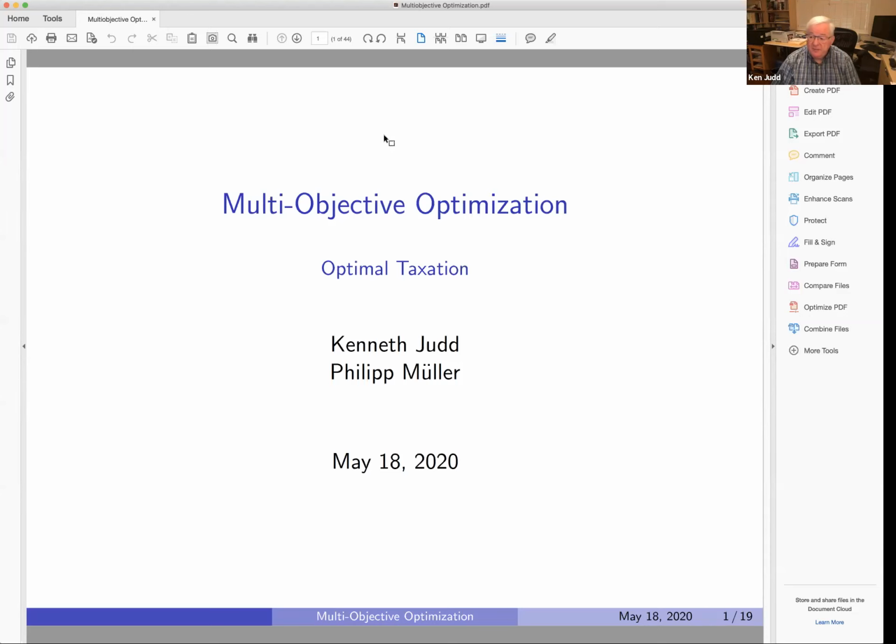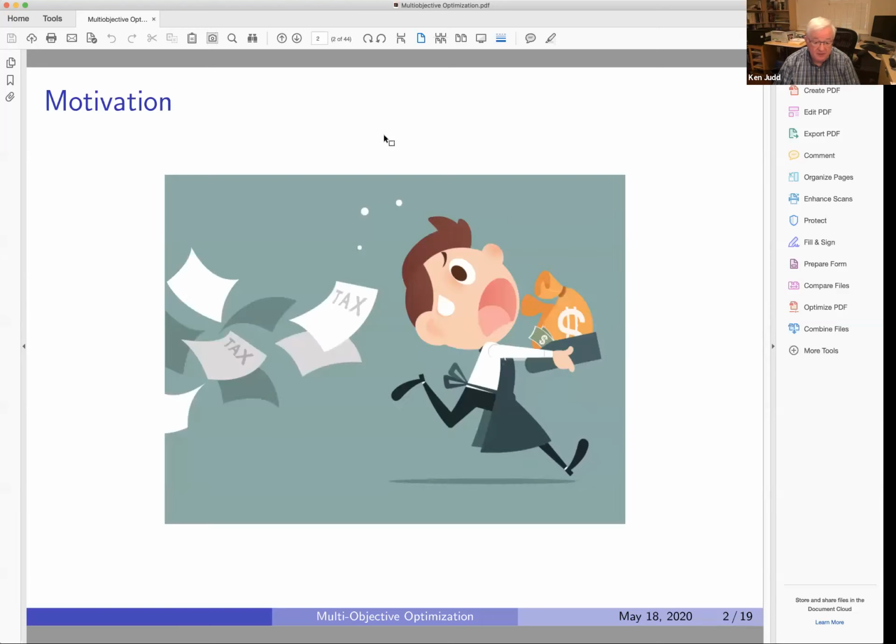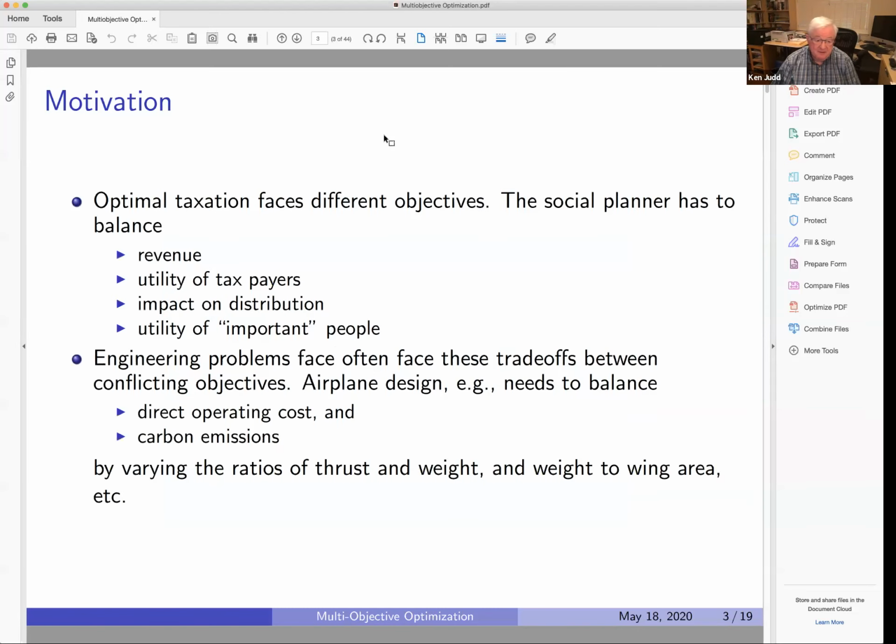Now, multi-objective optimization, and of course, we're going to have a focus on a particular kind of optimization problem we see in economics, and that's optimal taxation. Now, the motivation is a cute little picture here. That guy actually looks to be too young to really be threatened by taxes, but anyway, it's a cute picture. Now, the motivation for this is that in choosing taxation policy, the planner has multiple objectives, hence the term multi-objective.